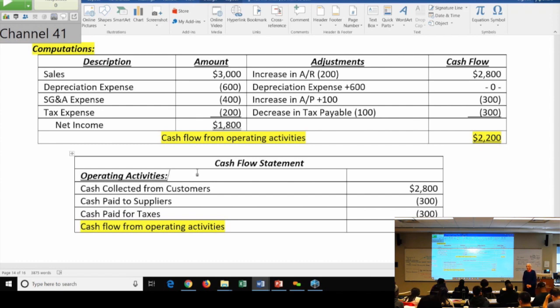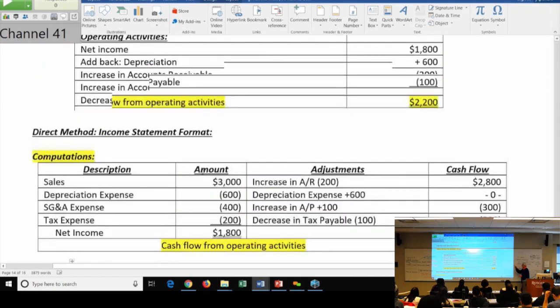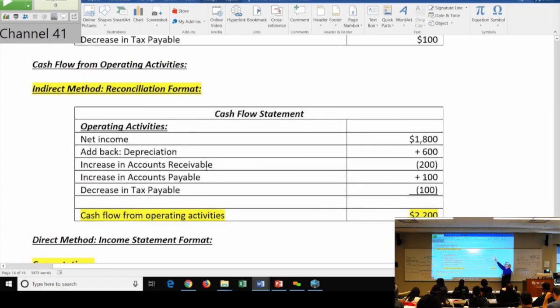You could not recreate that number. But you could, for the most part, although there are adjustments, find that income. You could find receivable changes. So a little easier. Doesn't mean that an analyst can't cope with the direct method, but that's their argument.